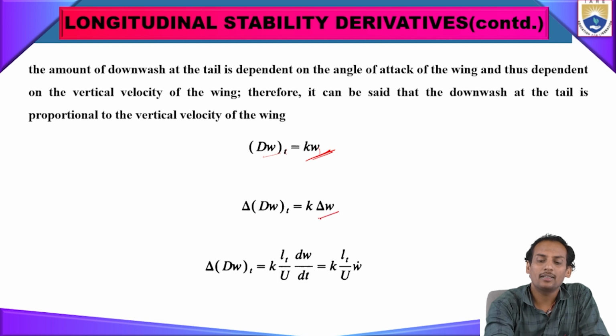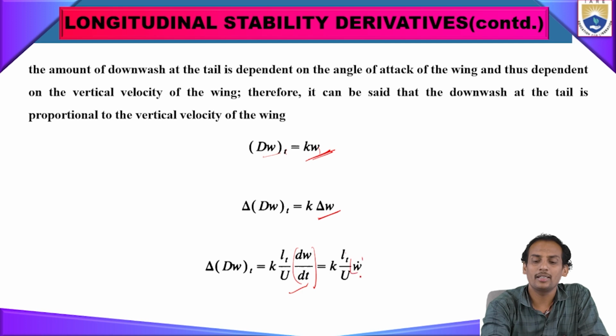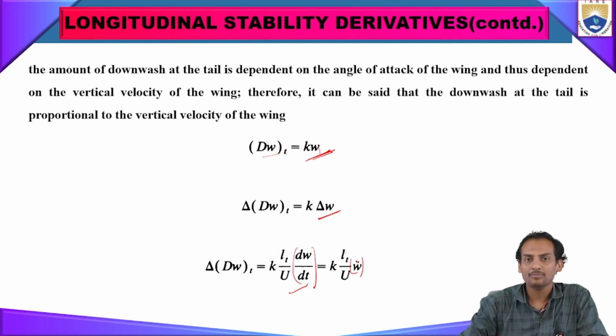The delta w we have already given the relation for previously. So that will be k into lt by u into dw by dt, and dw by dt we can write as w naught.